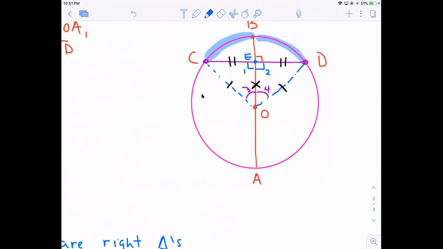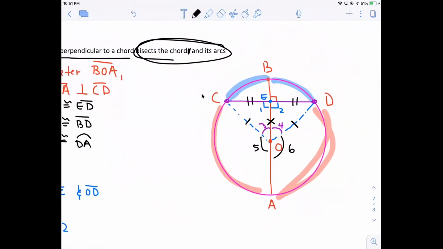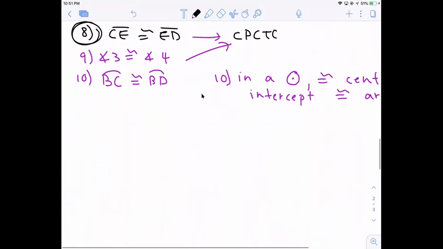But we also got to prove that these arcs are congruent. So I'm going to call these angles 5 and 6. So how can we show angle 5 is congruent to angle 6?